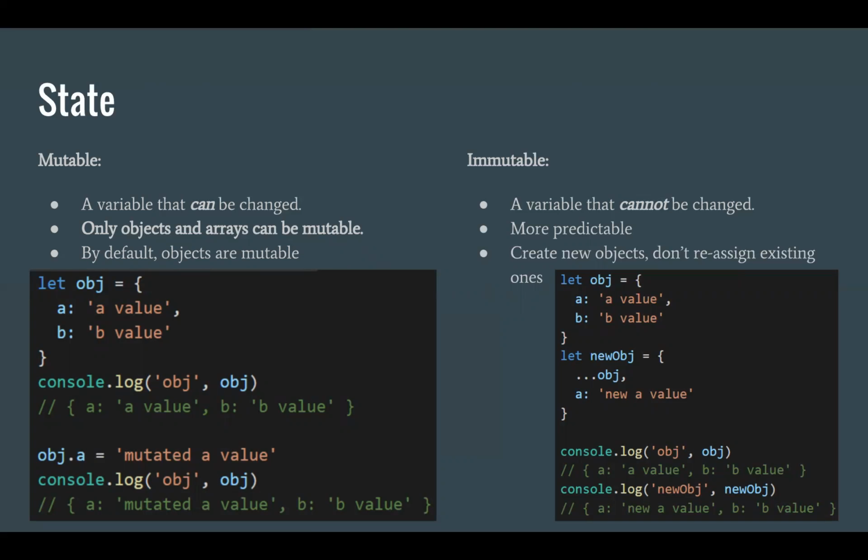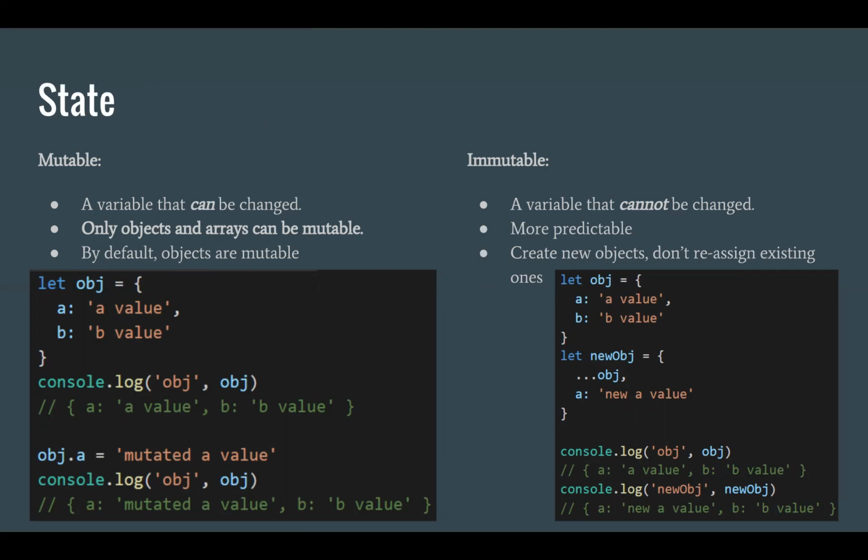What this means is sometimes you have services that have an object as one of their properties, and it's being used by a bunch of different controllers in Angular. One of those controllers could modify or mutate the state of that object, and it'll change in all of your controllers. That sometimes can be a benefit, but a lot of times it can lead to bugs or defects in your code where things are changing when you don't expect them to, and they can be difficult to track down. So immutable variables are things that can't be changed.